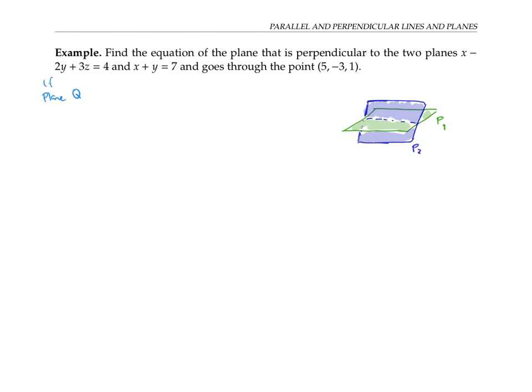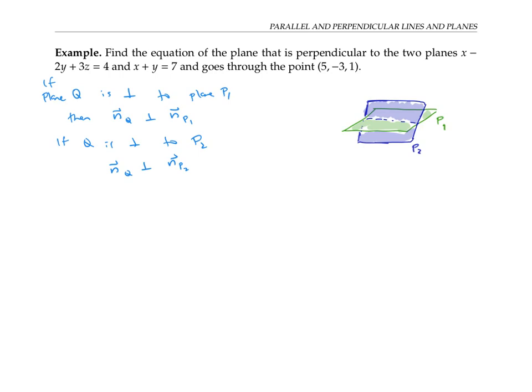If plane Q is perpendicular to plane P1, then, as in the previous problem, the normal vector for Q has to be perpendicular to the normal vector for P1. Similarly, if Q is perpendicular to P2, then the normal vector for Q must be perpendicular to the normal vector of P2.